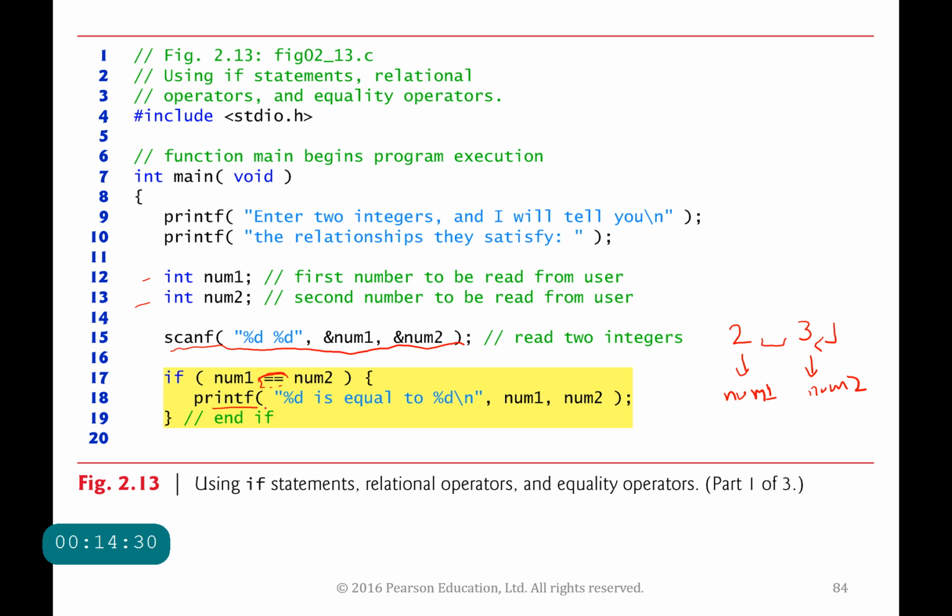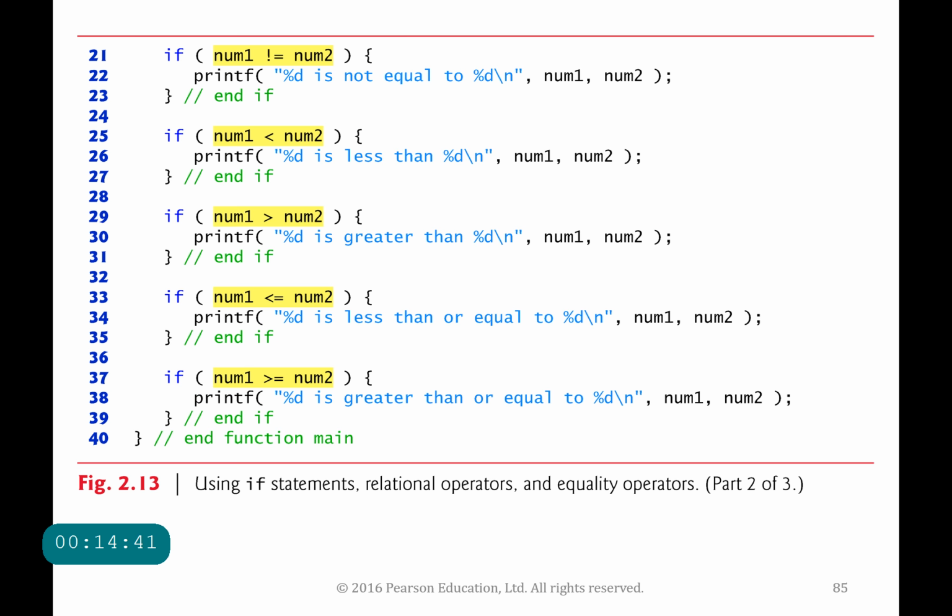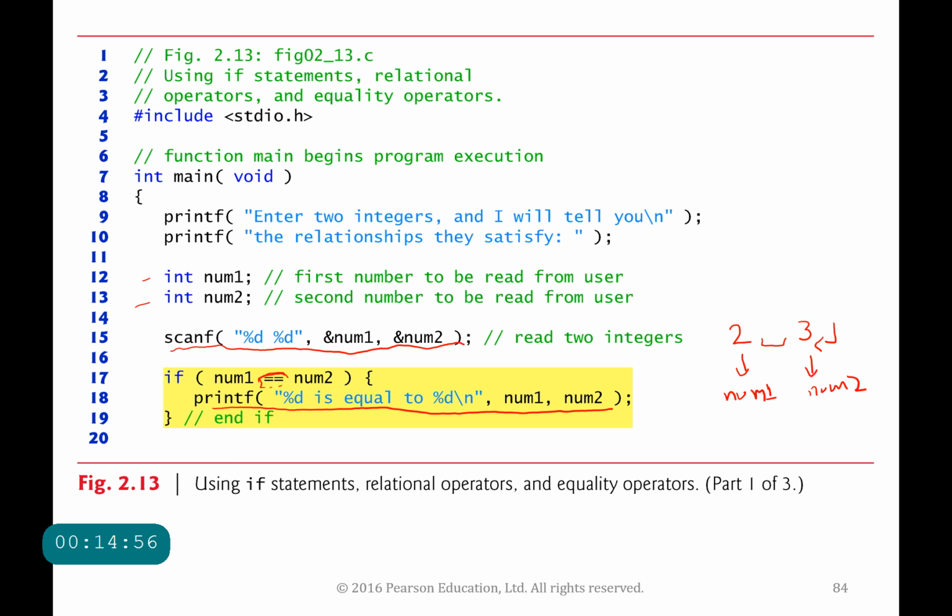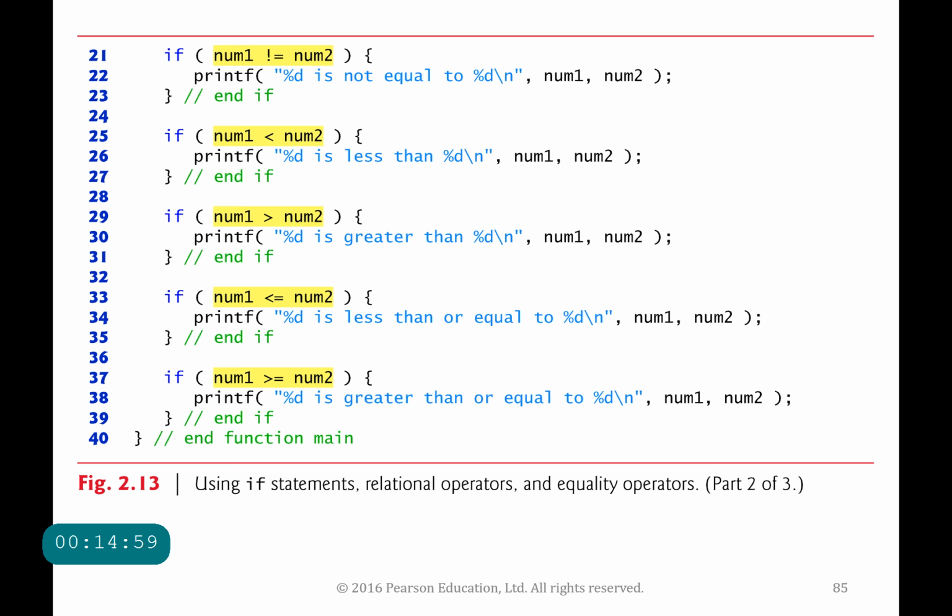We can write that as printf, telling the user, yes, num1 and num2 are equal to each other. You can have multiple if statements in your program. The one on top is checking if they're not equal to each other. Then it will say, okay, num1 and num2 are not equal to each other. In this case, because we've entered two numbers, 2 and 3, and they're not equal to each other, it will print out this statement. So this statement will actually be true. 2 is not equal to 3 is what you will see on screen.